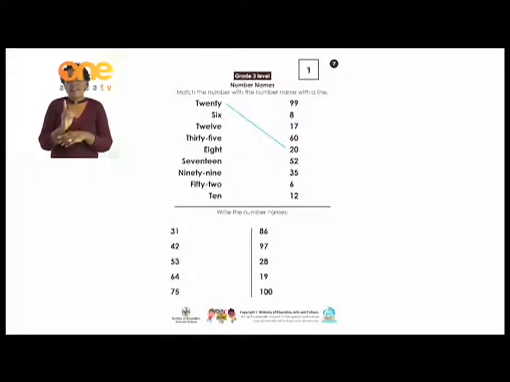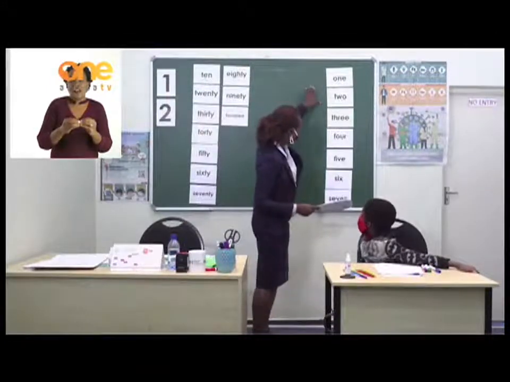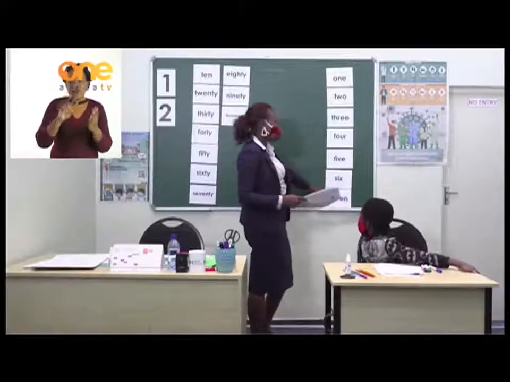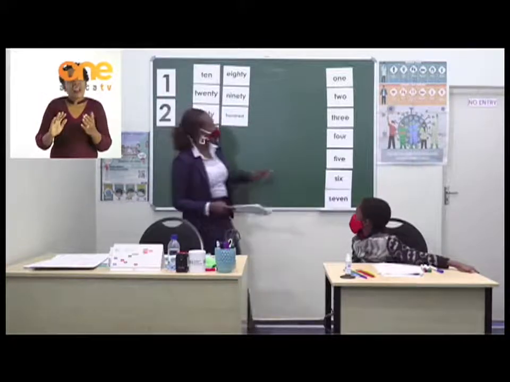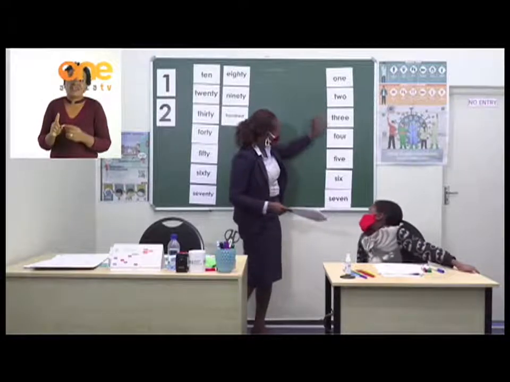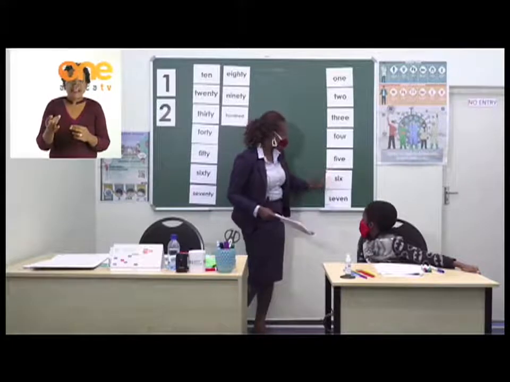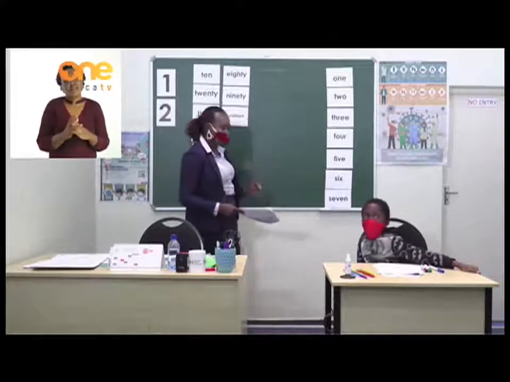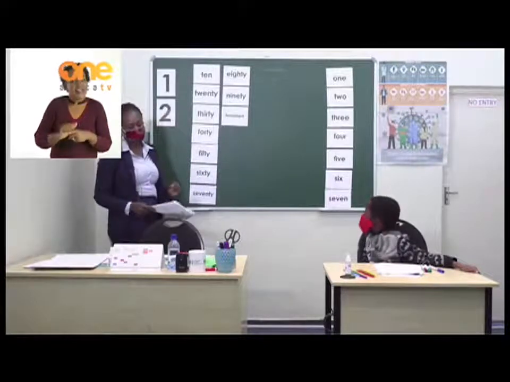First, I wrote the numbers here from 1 to 7. You must know the correct spellings. We have 1, 2, 3, 4, 5, 6, 7. So you need to practice and know the correct spellings.